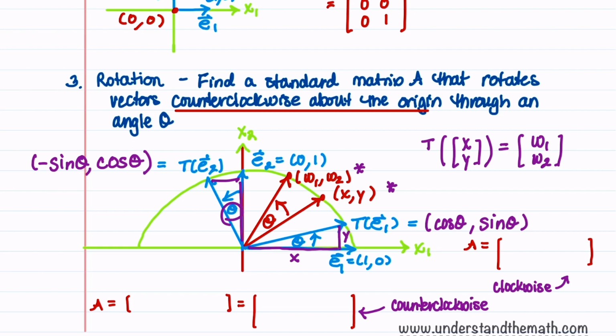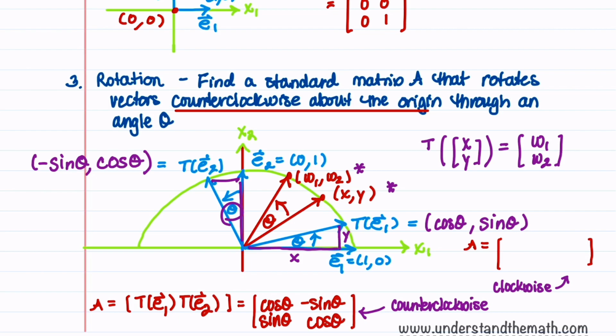This allows us now to write down our standard matrix for this transformation. So A is T of E1, T of E2. T of E1 we found was cosine theta, sine theta, and we're again writing it in columns. And then T of E2 was minus sine theta, cosine theta.